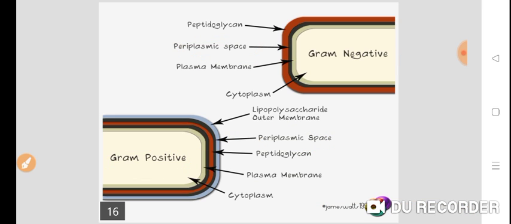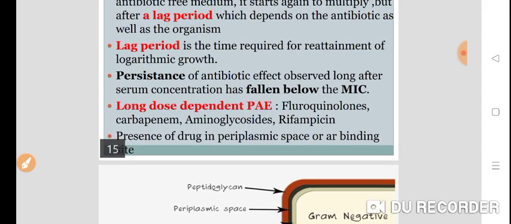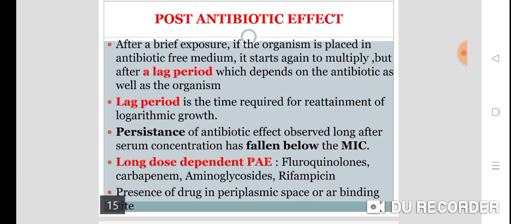So there is a deposition of a drug in the periplasmic space or deposition of a drug at a binding site. These are the responsible mechanisms for the post antibiotic effect. And the drugs which show post antibiotic effects are the fluoroquinolones, carbapenems, aminoglycosides, rifampicins.